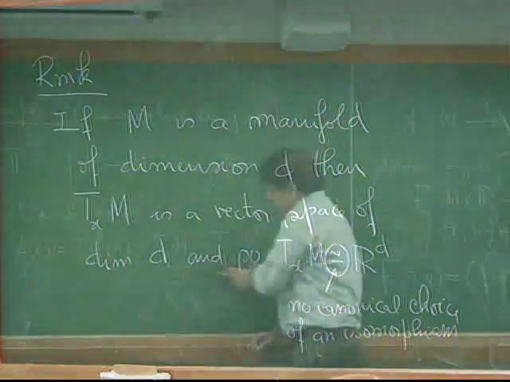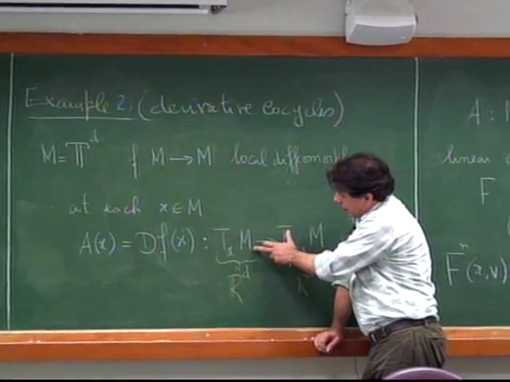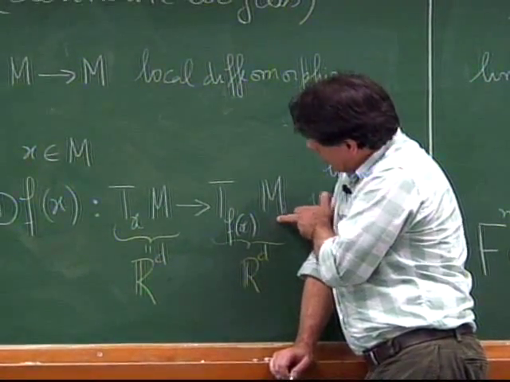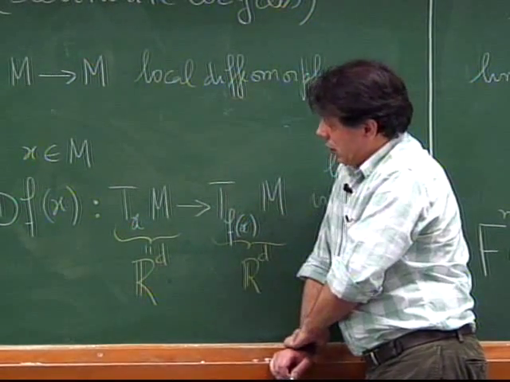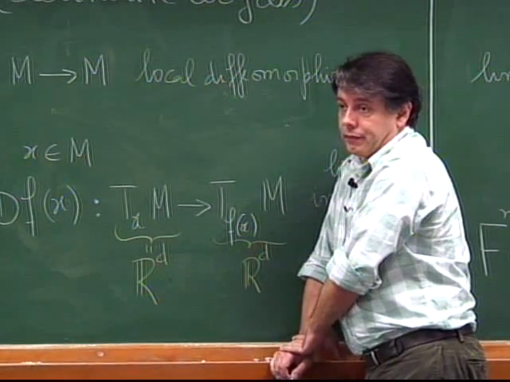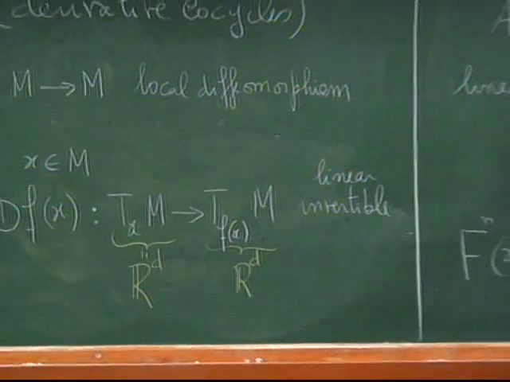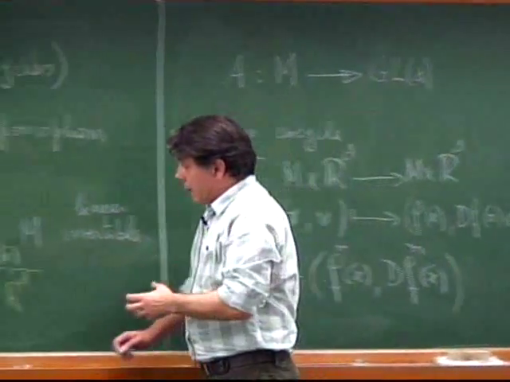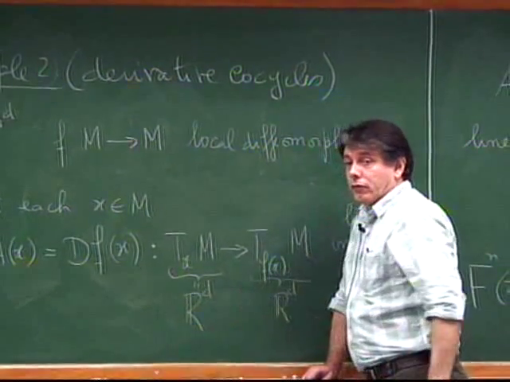And here we need such a rule, because if I identify Tx of M with Rd in one way, and I identify the tangent space at the image in a different way, if I change the isomorphisms, the matrix that I get changes. So in order to have A of x well-defined as a matrix, I have to say what is the isomorphism that I use to identify the tangent space to Rd.